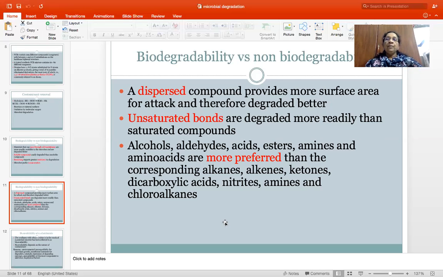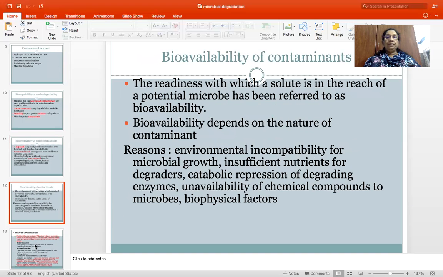So these are the functional groups that are present in many xenobiotic compounds. So microorganisms prefer certain types of functional groups, that is, they are degraded easily. For example, alcohols and aldehydes are degraded more easily than their counterparts like alkenes or ketones or nitriles and amines.